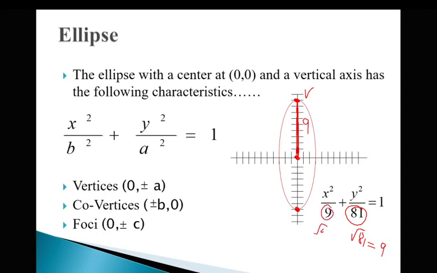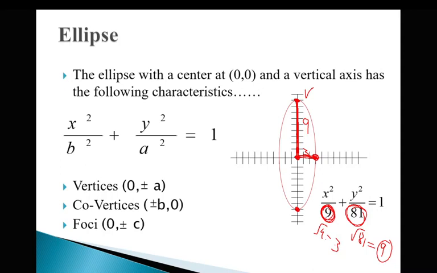The square root of 9 is 3, and this distance from here to here is 3. So basically we're going this distance in my x direction and this distance in my y direction. That's how these major and minor axes work, the vertices and the co-vertices. It becomes really, really simple.